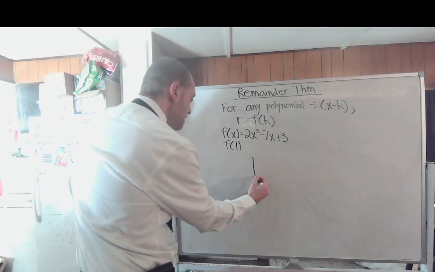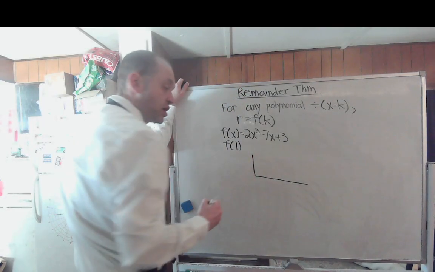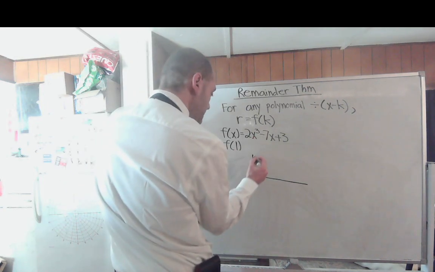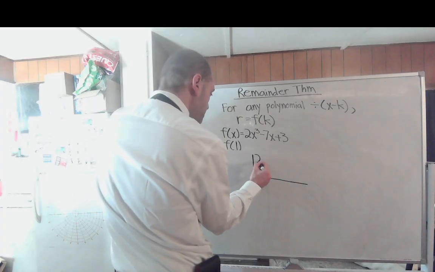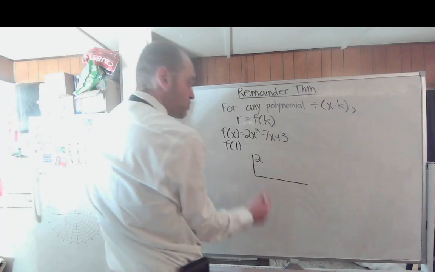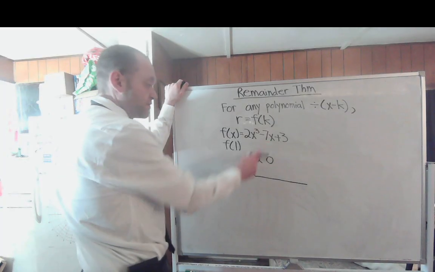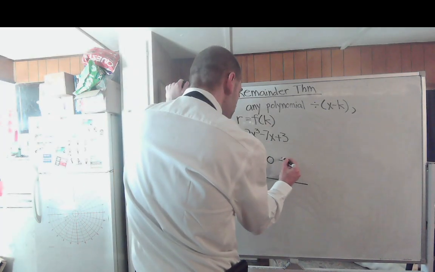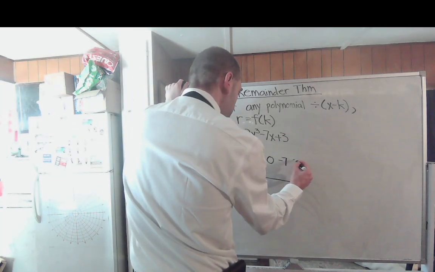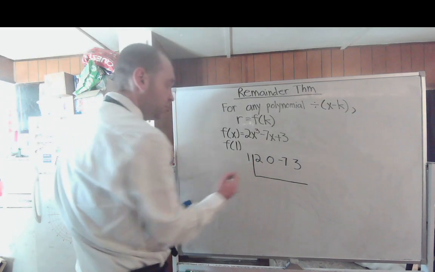So I'm going to take my coefficients of my polynomial. So that's going to be the 2x to the third. So you'll just have the 2 on the x to the third. You don't have an x squared term, so the coefficient on that's 0. You have an x to the first term, the coefficient's negative 7. And then my constant term is 3. Now to find f of 1, I'm just going to divide all this by 1.